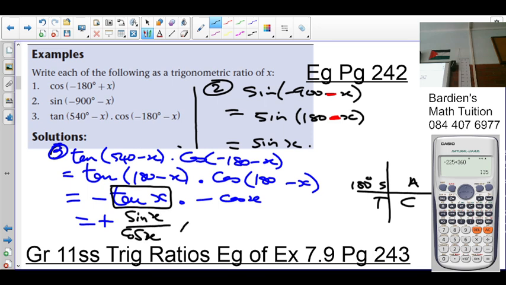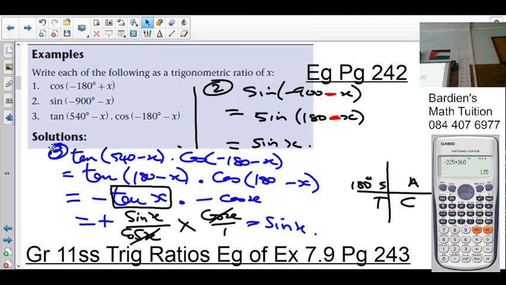This times cos x, so what happens? They cancel. The answer is sin x. Now if there had been a plus here, 180 plus x, tan is still negative, so from there it's the same. You all okay with that?